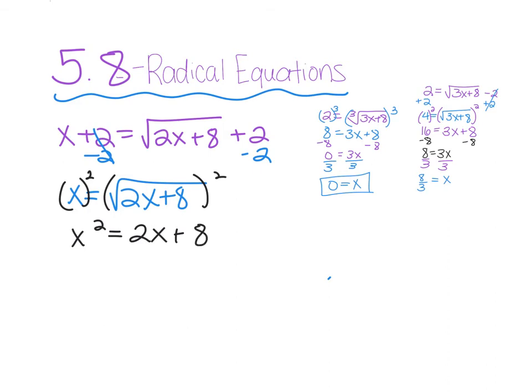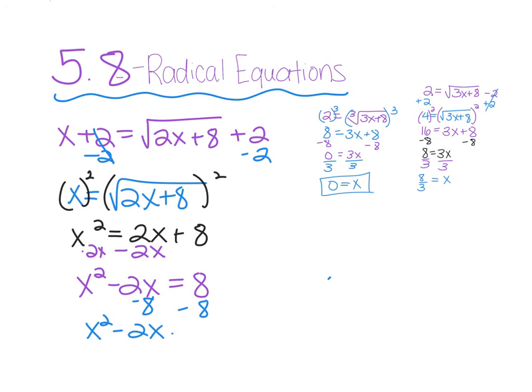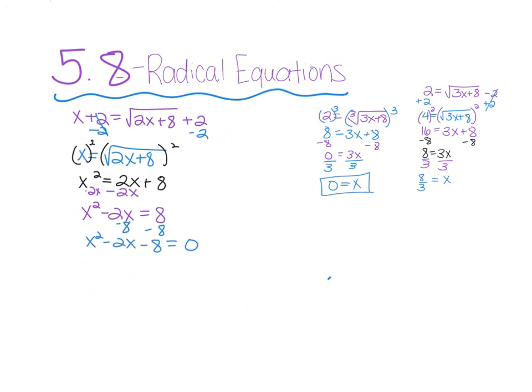As soon as you see the squared and the x to the first power, it should be your hint that you're going to have to factor this. So I want to move everything to the left side. I'm going to subtract the 2x, so I get x squared minus 2x equals 8. Subtract the 8. x squared minus 2x minus 8 equals 0. And then once I've got it set equal to 0, I would factor this.